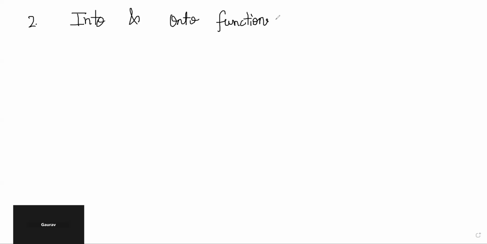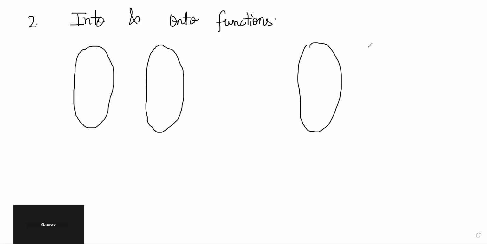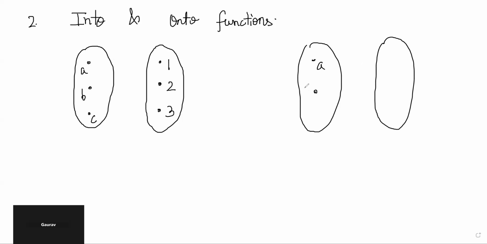The difference between into and onto functions can be understood from the set theoretic diagram. Let's say this is the situation: A, B, C, 1, 2, 3, and again A, B, C, 1, 2, 3.